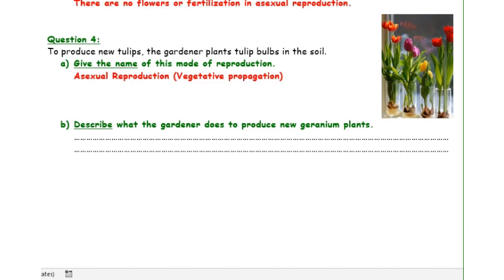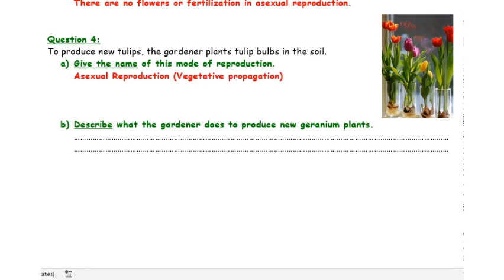So if you have a geranium plant at home, you can cut a piece of the stem with a leaf, for example, and place this cutting in the soil or in water. This cutting will grow into a new plant. This is what we call again asexual reproduction, when we get new plants, new offsprings out of the mother plant without the use of sexual organs, male and female organs.